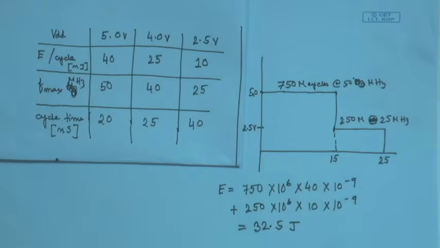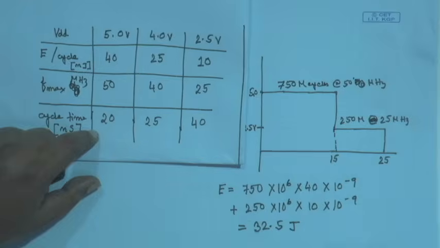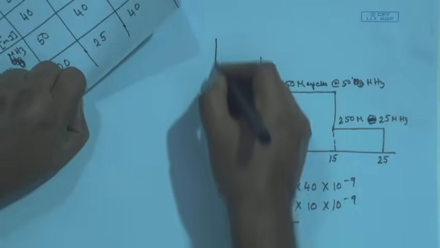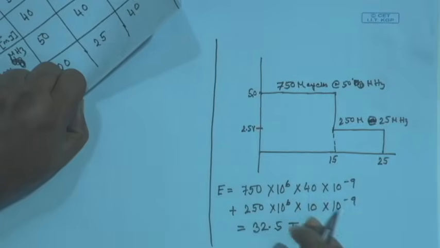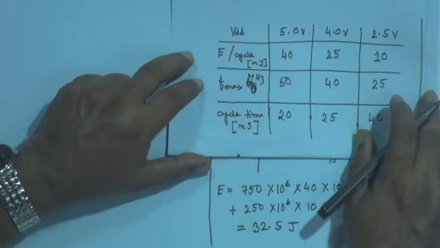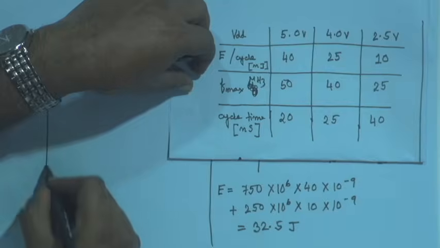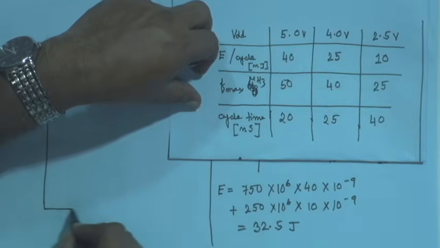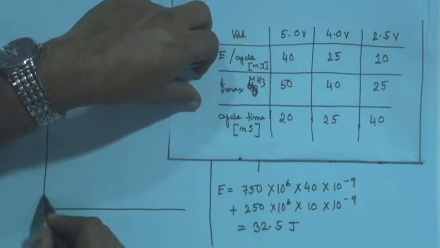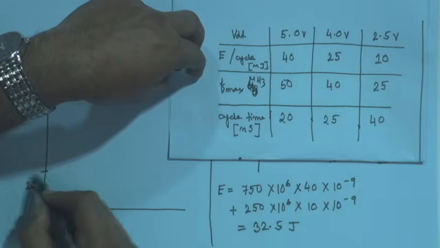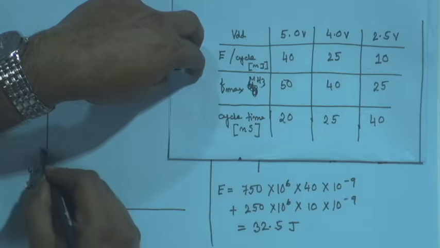Now, another option we can take. By this we get 32.5. Now, if I keep this again here and just run the whole thing at 4 volts, there is 2.5, there is 4 and there is 5.